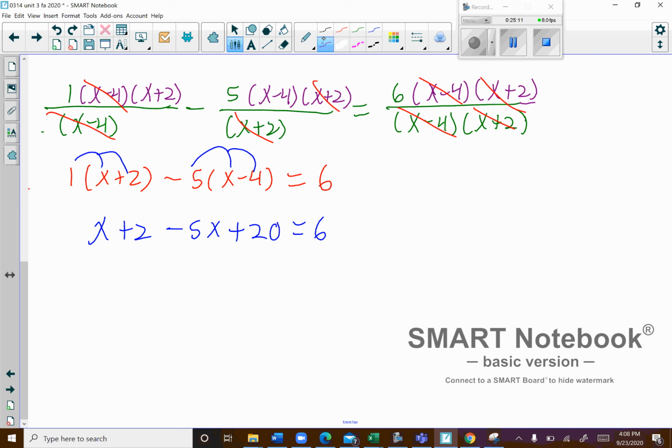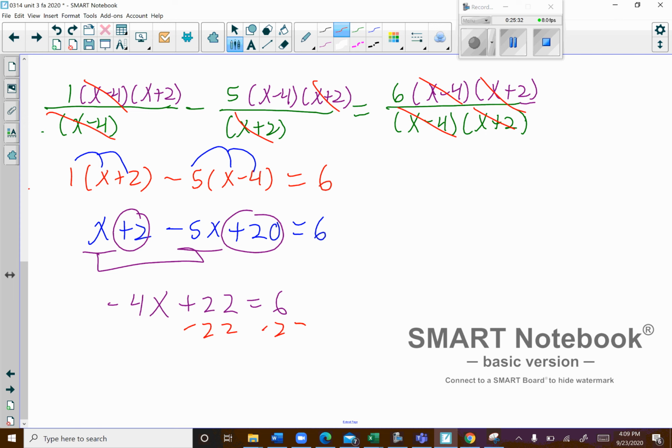And then we'll go ahead and clean this up. So x take away 5x, that'll be a negative 4x. And then a plus 2 and a plus 20 would be a plus 22 equals 6. And then we're going to subtract 22 from both sides.